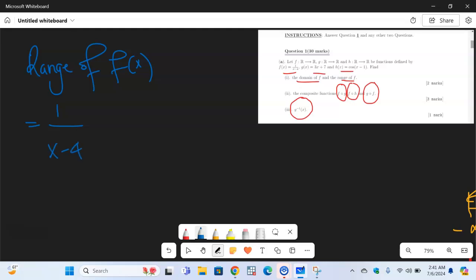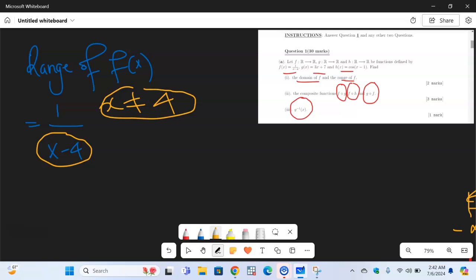That is our function. So the easiest way to get a range is to substitute all values in the function that we said are in the domain. We said x cannot be equal to 4, so 4 will not be in the x.